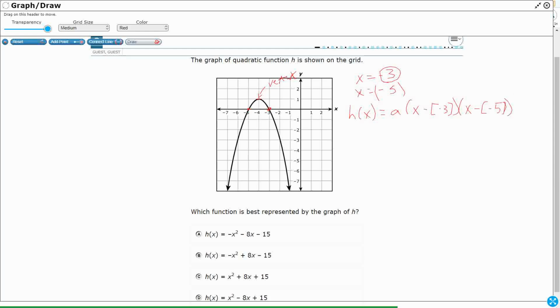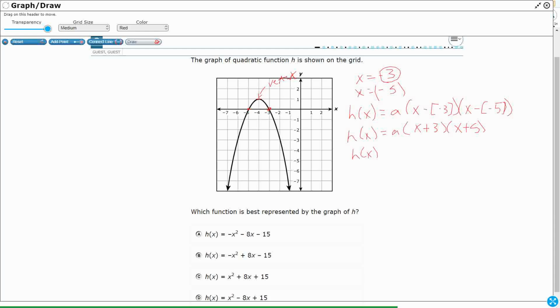But what I could do is simplify that. This is going to end up being x plus 3 because I've got a minus -3, and then an x plus 5 because I've got an x minus -5. So let's just use the distributive property to FOIL this out.